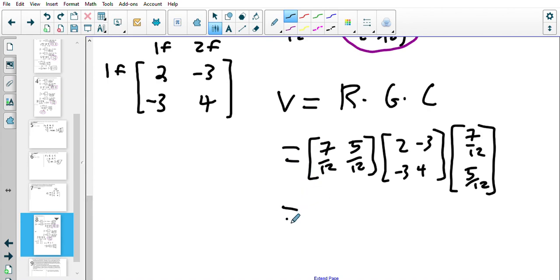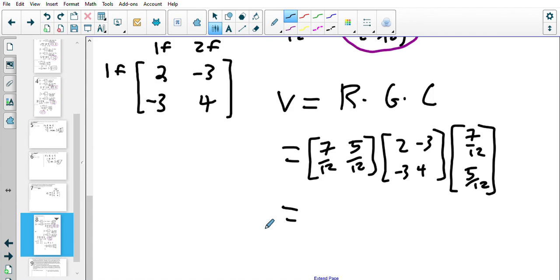So then I'll just put those into our calculator, and that will tell us what the value of the game is. So our row is going to go into matrix A, 7/12, 5/12. Our game is going to go into matrix B, 2, -3, -3, 4. And our column will go into matrix C, 7/12, 5/12.